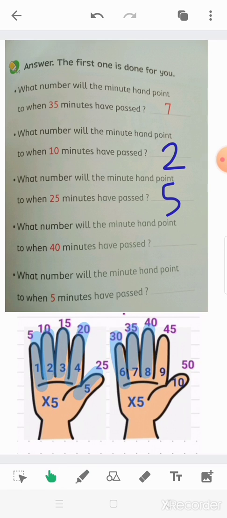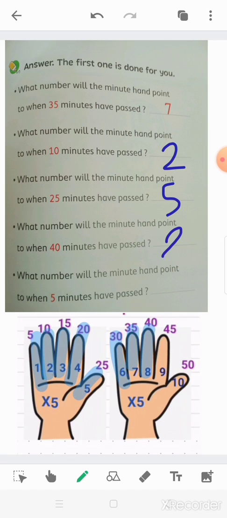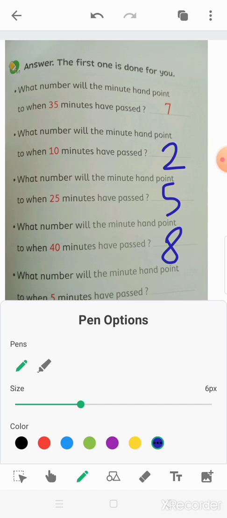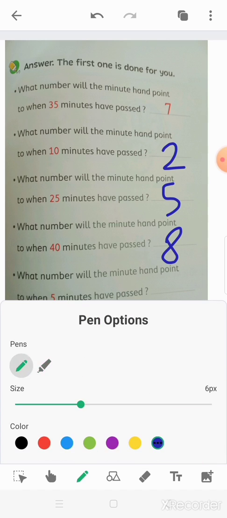So I'm writing 8. So easy. What number will the minute hand point to when 5 minutes have passed? Let's sing the song. 5, stop. How many fingers? It's 1. So it points to number 1.